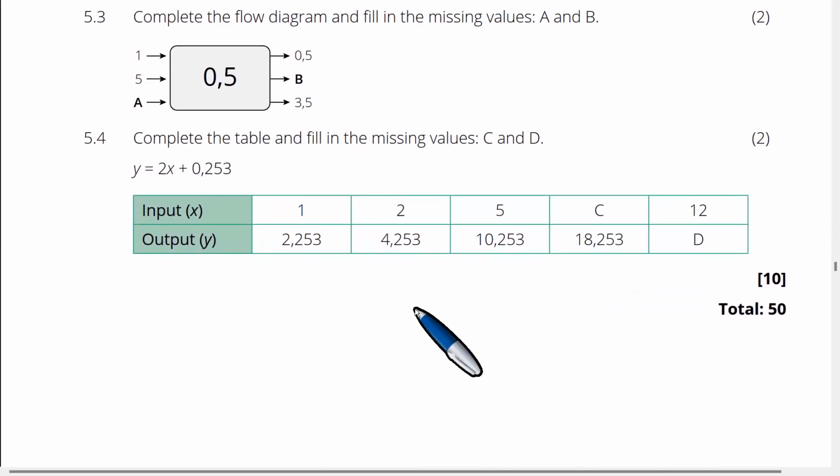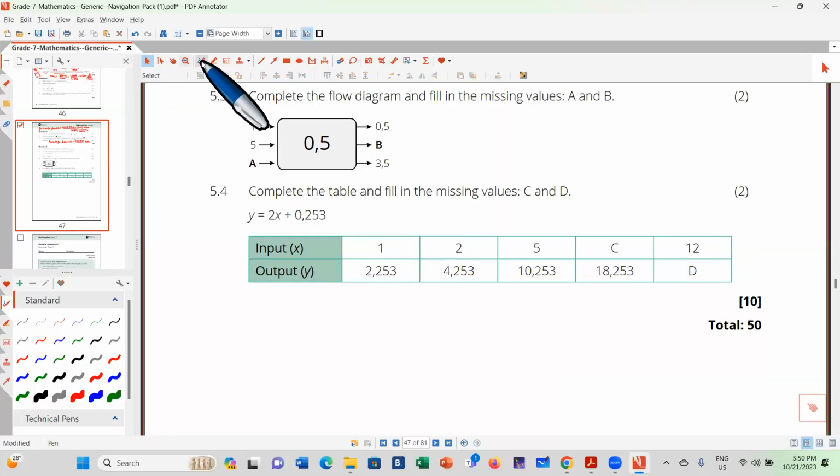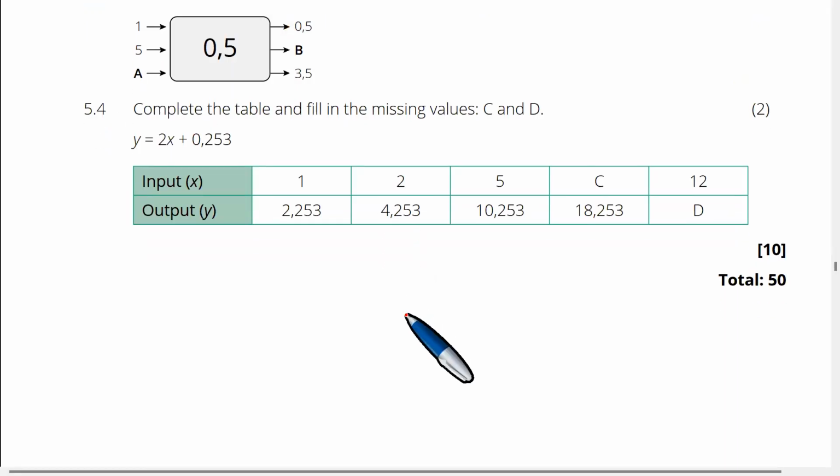Are you able to see question 5.4? Yes, sir. Okay, thank you. I always confirm, because sometimes I assume that you can see the question when maybe not.